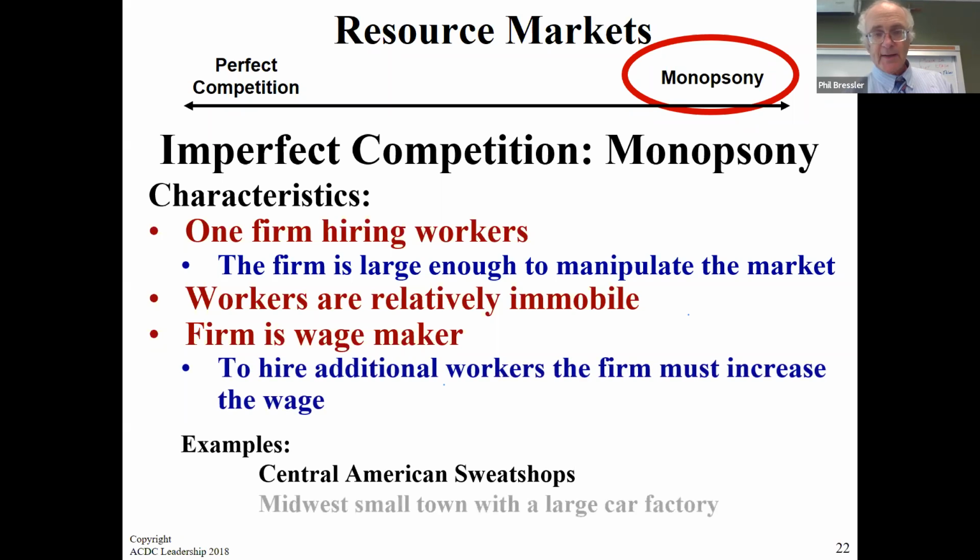Here are my examples, which might not be so great: the Midwest small town with a large factory. For your history people, if you remember the railroad towns, the Pullman town, those are kind of monopsonies.